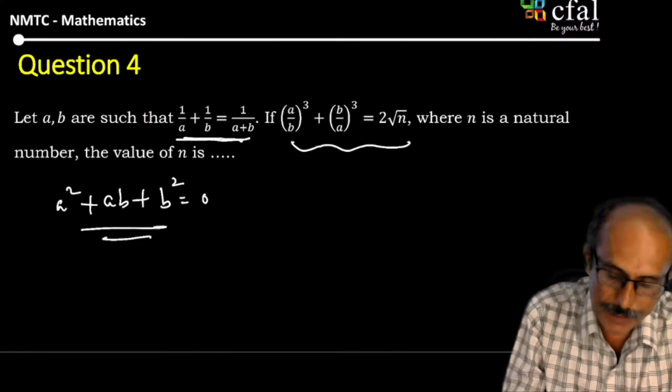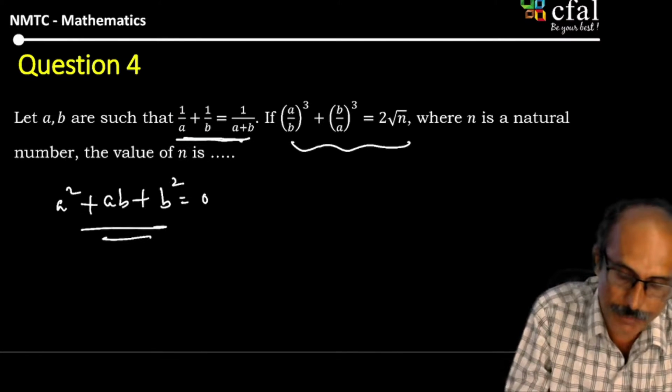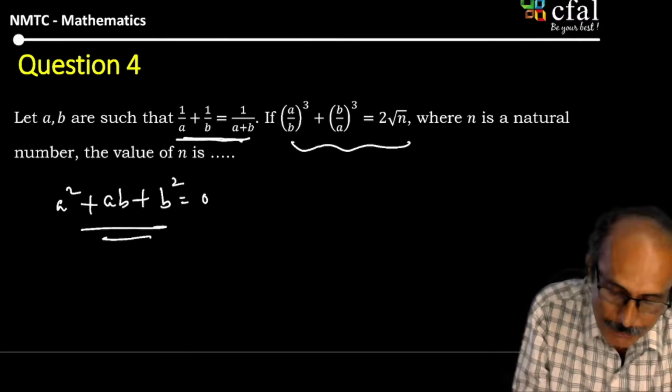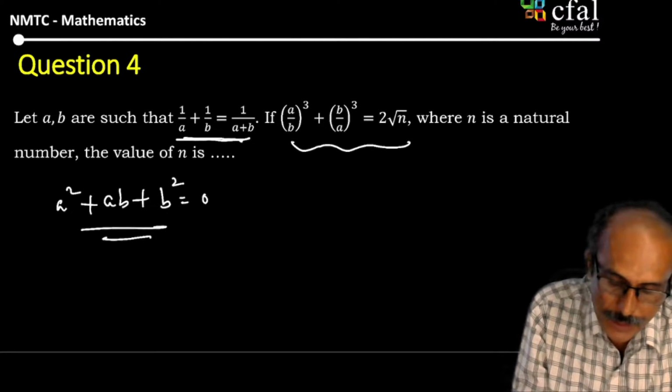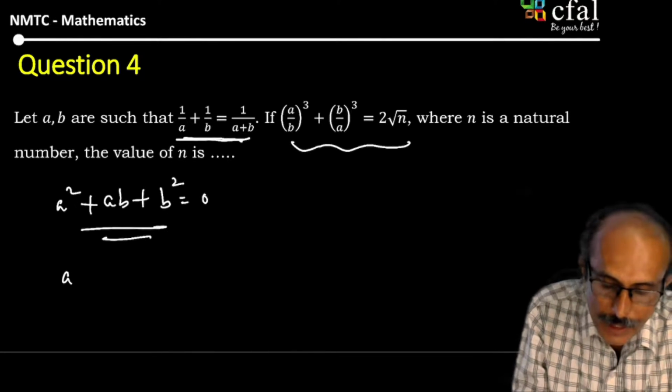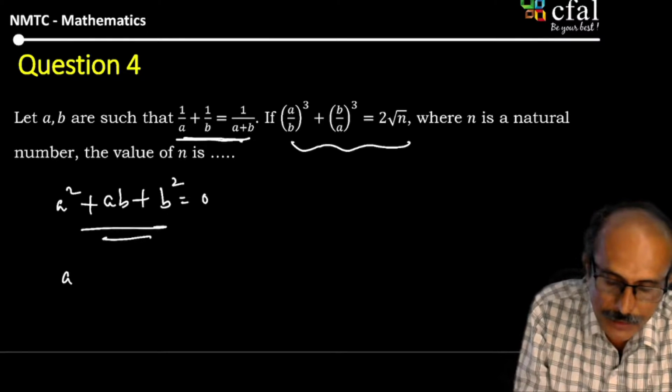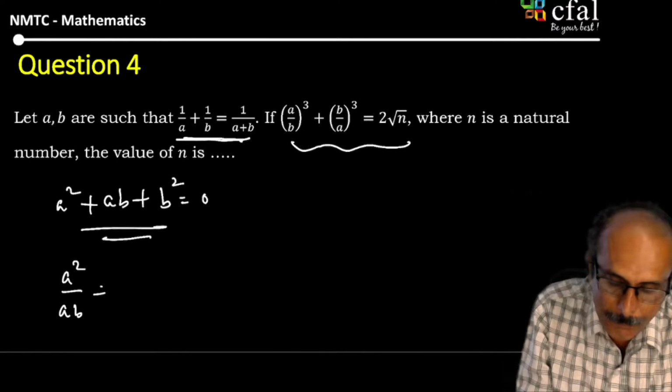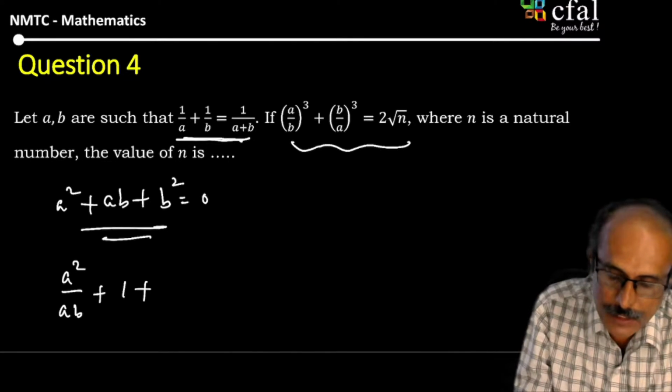When you divide by ab, you have another way of writing the same hypothesis. So how does it help you? When you divide by ab, it becomes a^2/ab plus 1 plus b^2/ab. Is it like this?